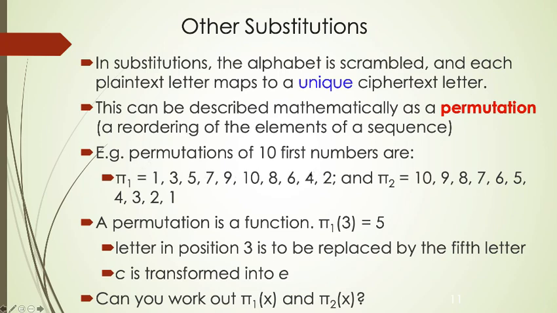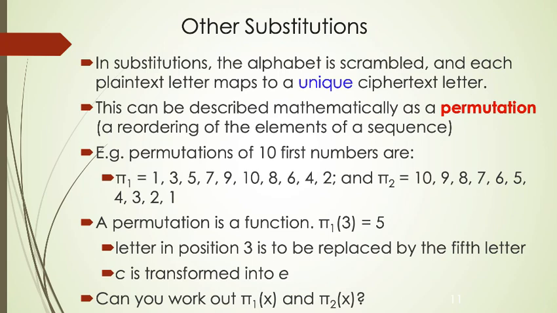In the first example, pi of 3 equals 5. That is, the letter in position 3 is to be replaced by the fifth letter. C is transformed to E, right?